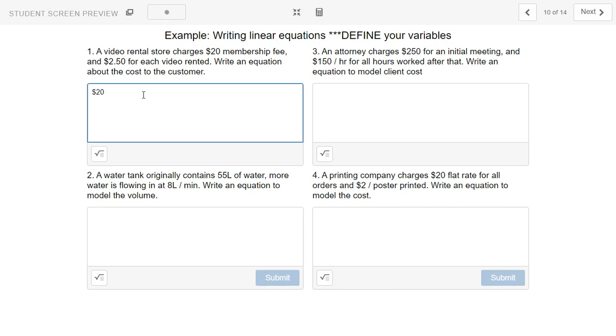Well, we know that the $20 is fixed. It doesn't matter whether the customer rents a video or not. To be a member, you need to pay $20. $2.50 is the rate. That's the rate per video.